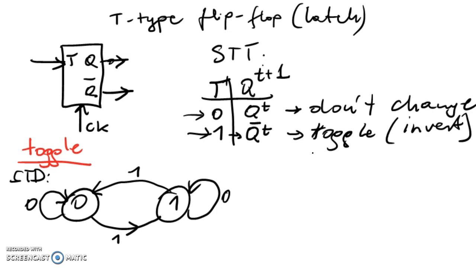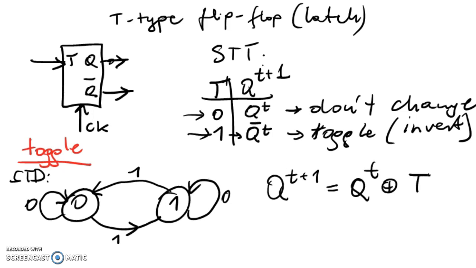And the last one is to deliver the Q of t plus 1. It is simply XOR of Q of t and T. How to find it? You can expand, but it is better to expand this table.